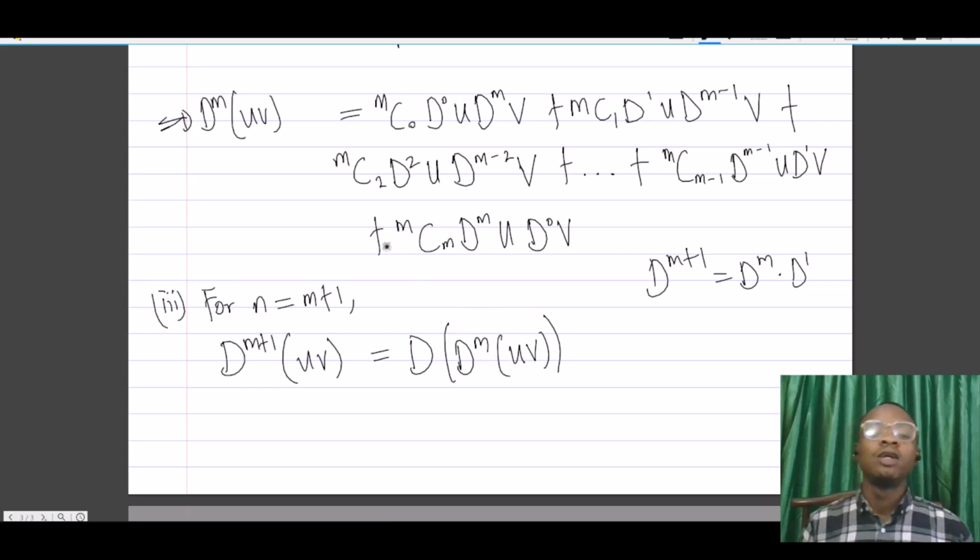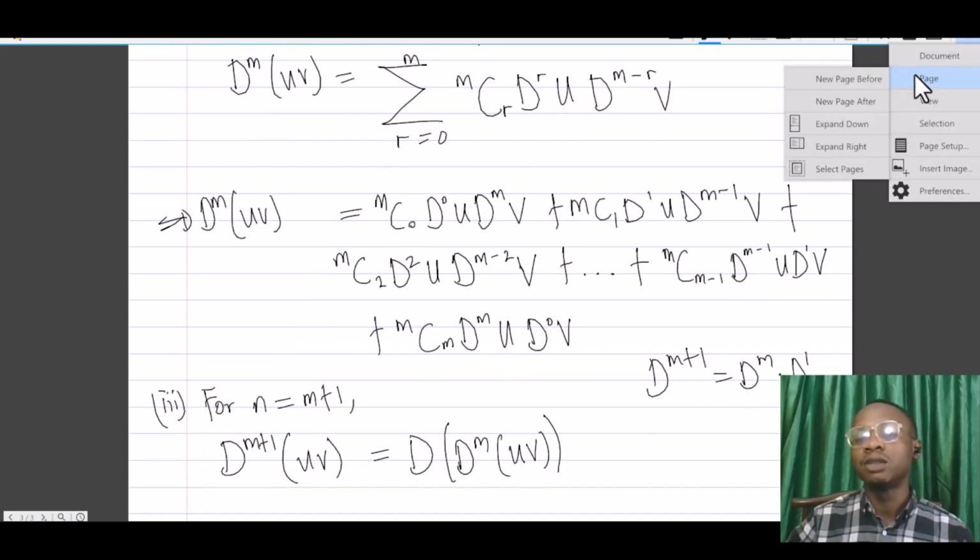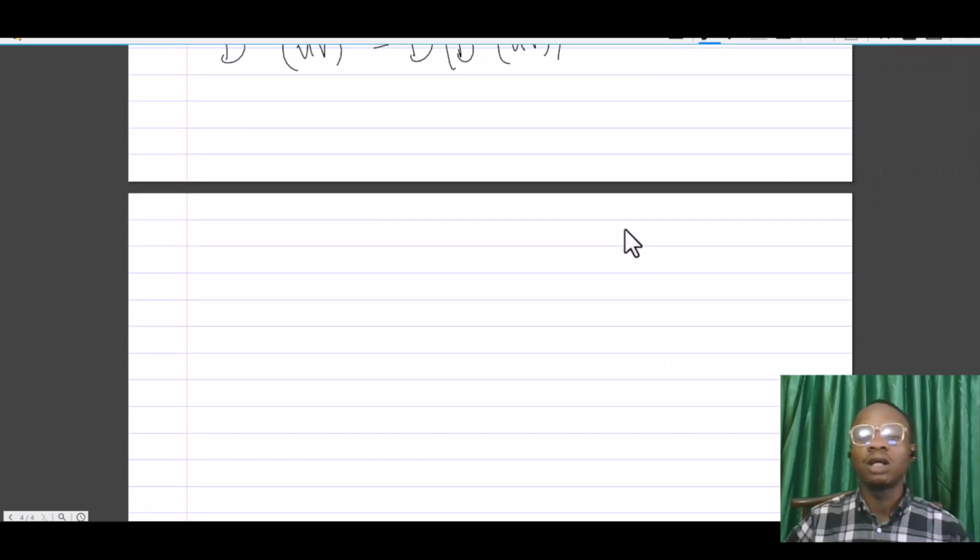And now we already know what this is from up here. So we are just going to put in what we have up here, put that right into this and then expand it and see if it is going to confirm that it is the same thing as what will be provided by this formula. So let's add an additional page to see what we are driving at.